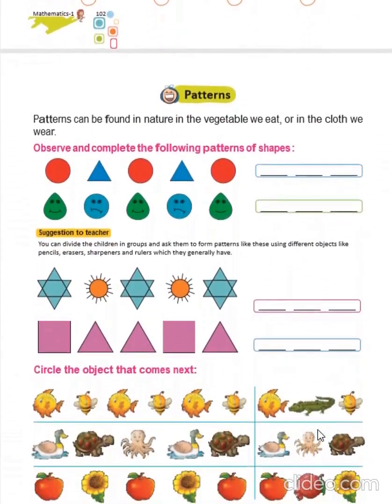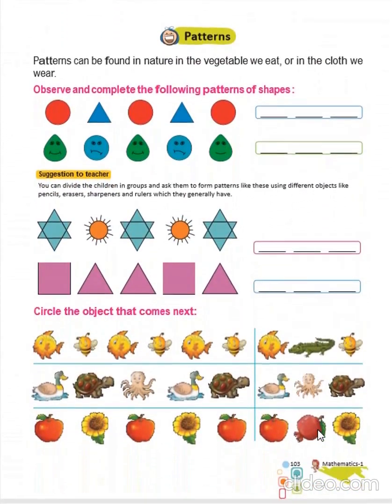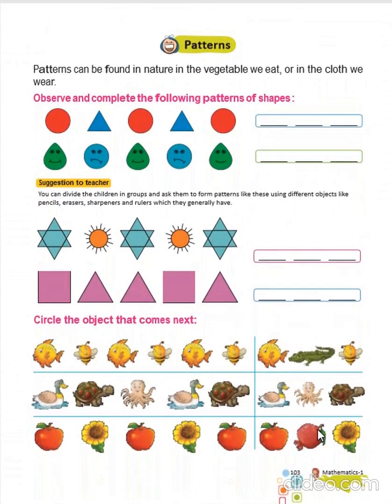Now patterns. So what is a pattern? If something is repeating after a particular duration of time, then we say it is following some pattern. Like this, circle is there, then a triangle, then again a circle, then again a triangle.